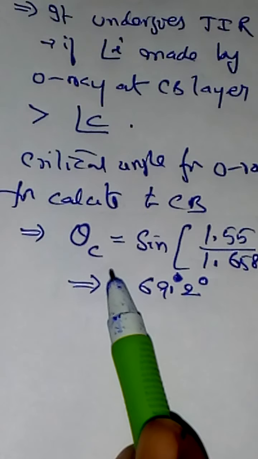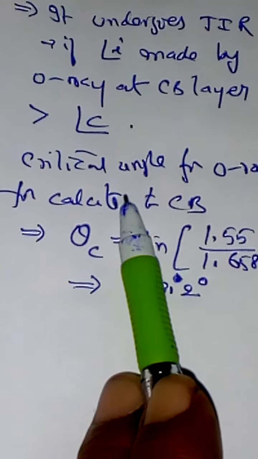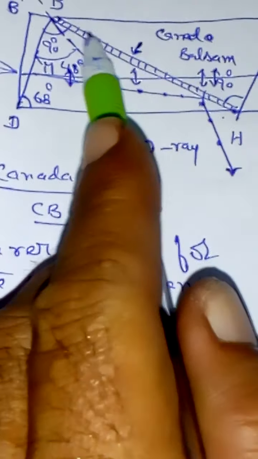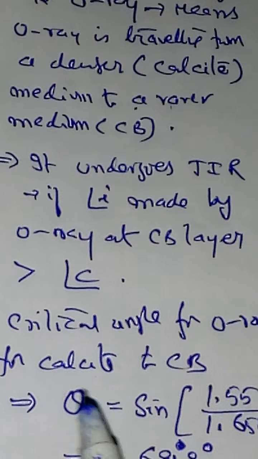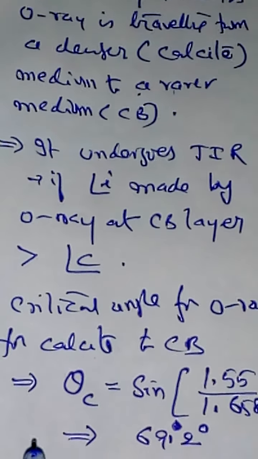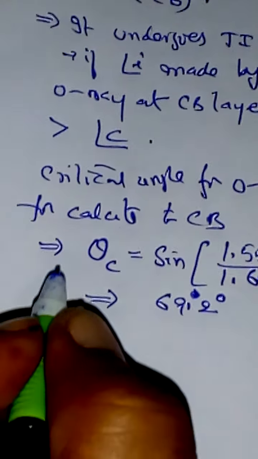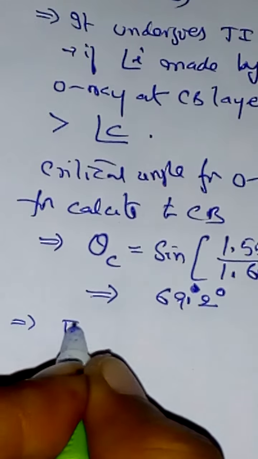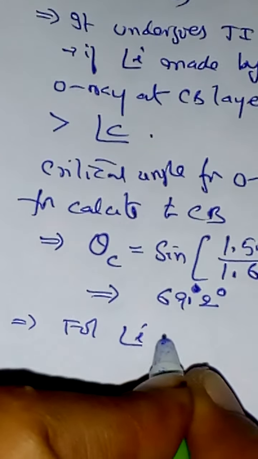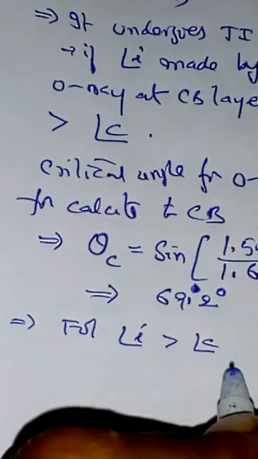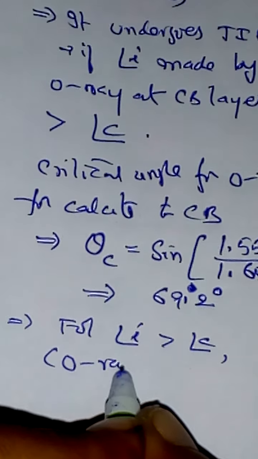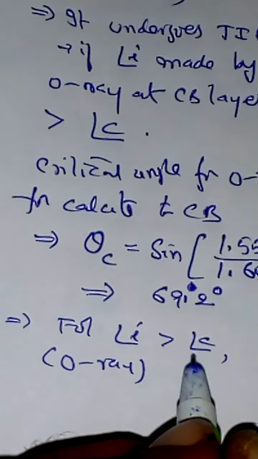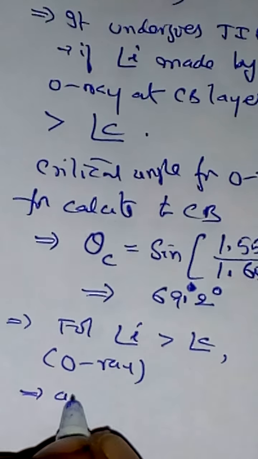So for the angle of incidence of this ordinary ray at this interface to be more than the critical angle, that is, for angle I to be greater than angle C, in the case of the ordinary ray, what should happen?